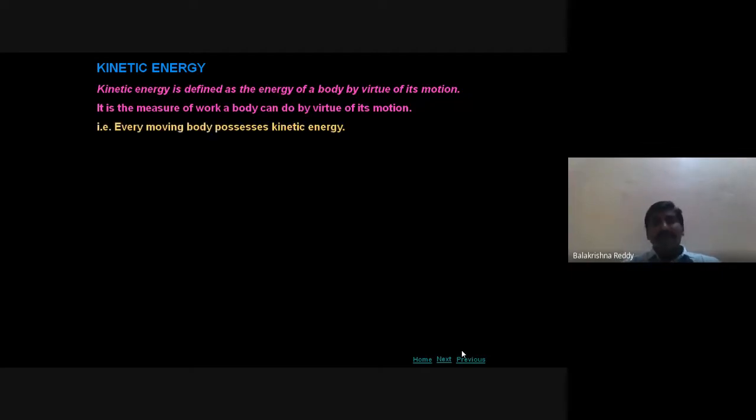So, every moving body possesses kinetic energy. You know that if I hit somebody with a stone, they will get hurt. It means energy has been released there. For example, a moving cricket ball possesses kinetic energy because if you go against it, you will get hurt, right?